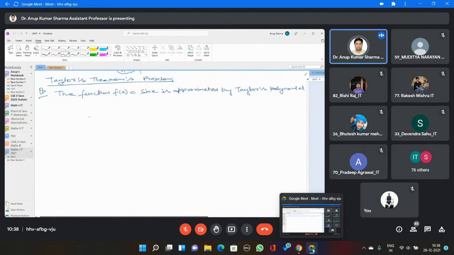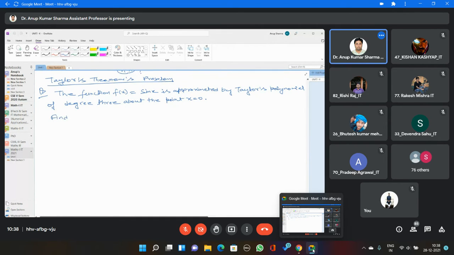Okay, we can say that it is also Taylor's polynomial of degree 3 about the point x is equal to 0.